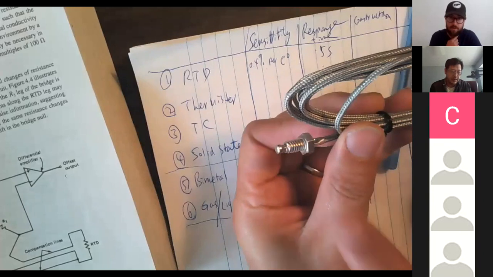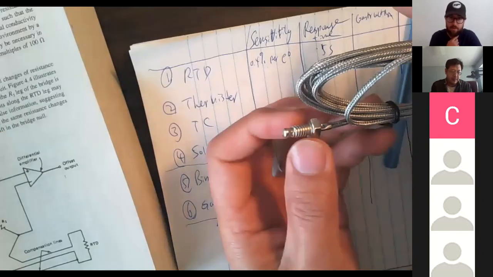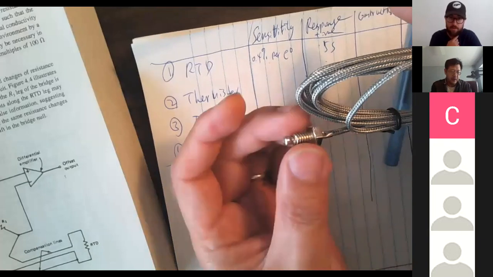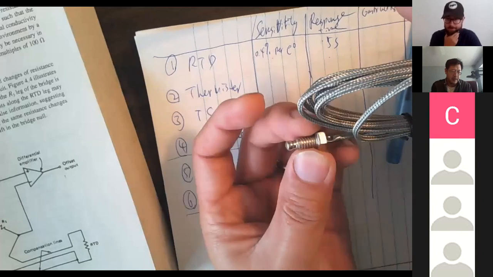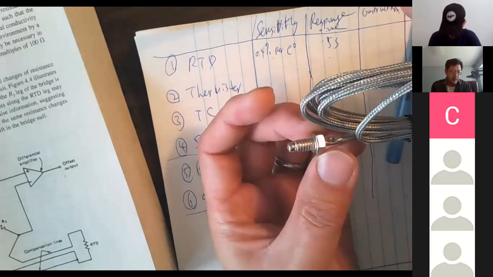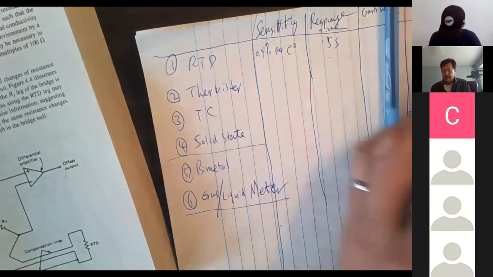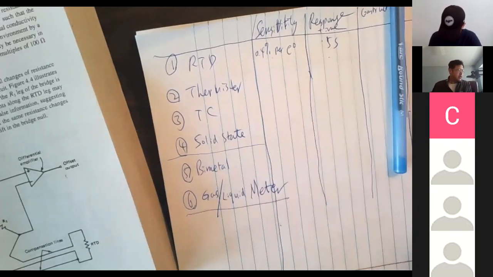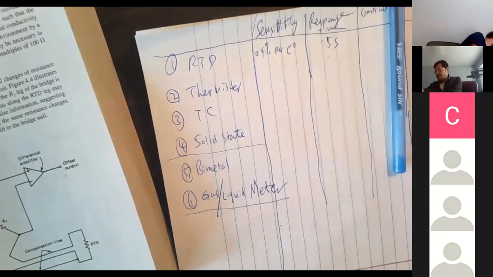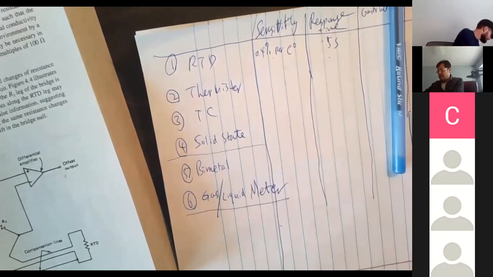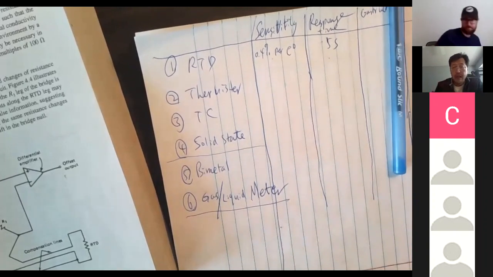That's the construction, and it's very nice. You can screw it in, put another bolt on top of it, and hold it where you want to measure temperature, generally ovens. It's like a pencil-like device. It almost looks like a pencil.